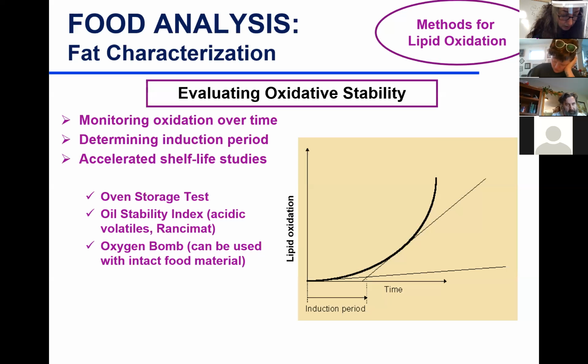There is a connection between the sample flask and another flask where you have water, and you're measuring conductivity in that flask. The volatiles go from one flask to the other when the oxidation starts occurring, and the conductivity is measured in the other flask that had water. Okay. Got it. Thank you. Yep.